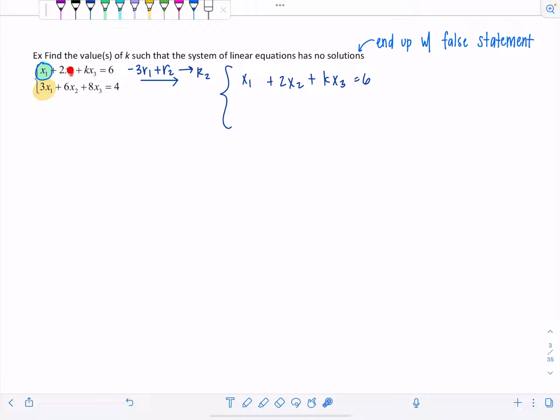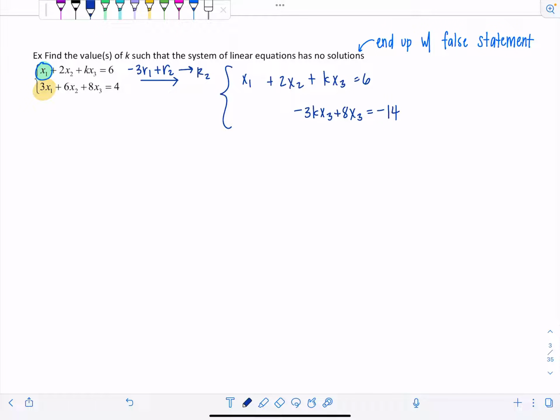That would be -6x2 plus 6x2. Okay, that's a 0 also. And then -3 times kx3 would be -3kx3 plus 8x3. And this would equal, now let's take care of the constant, -3 times 6, that's -18, plus 4 is -14.